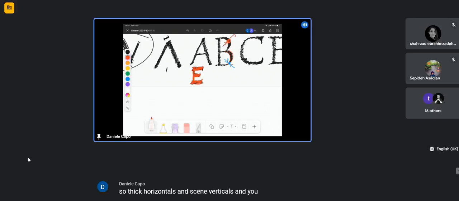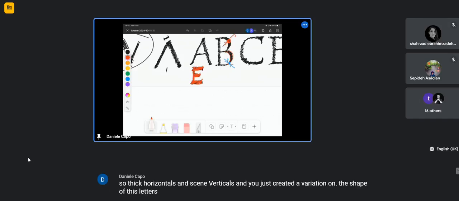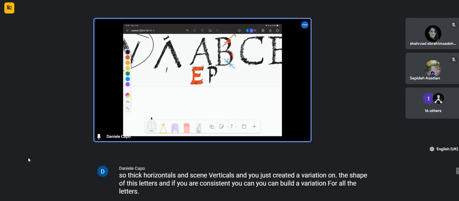And you just created a variation on the shape of these letters. And if you are consistent, you can build a variation for all the letters in a consistent way. Okay.